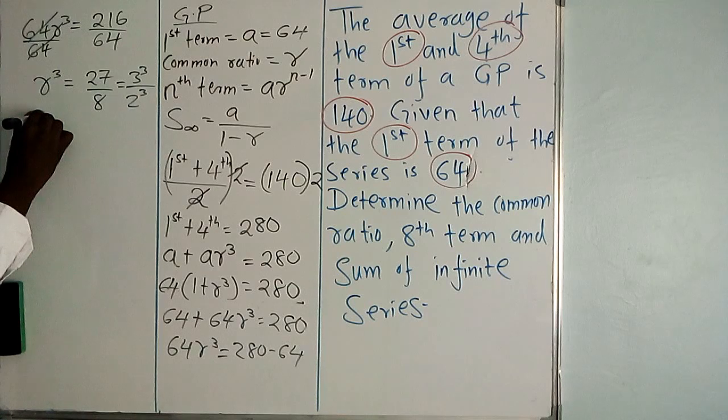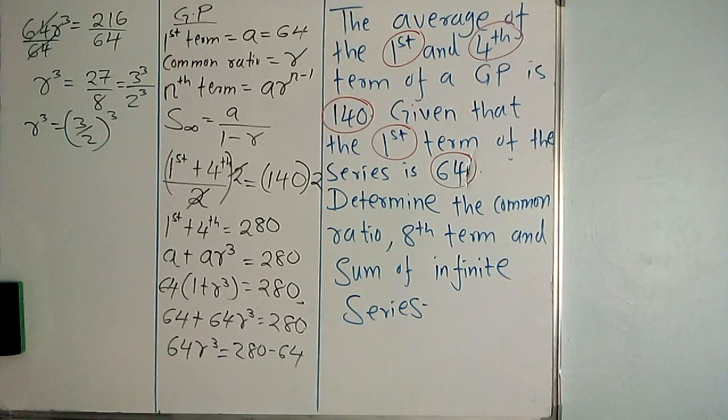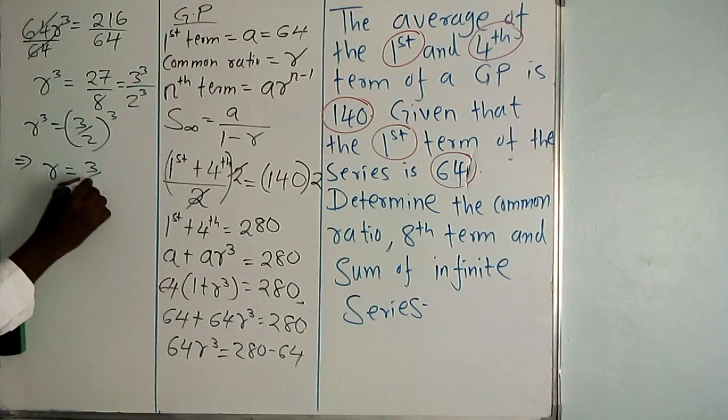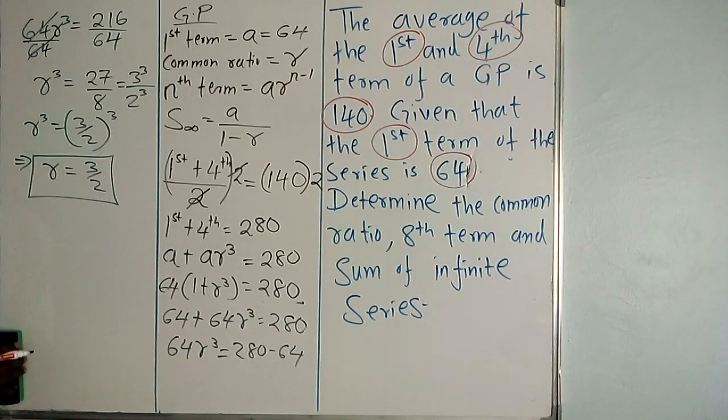So 3 cubed over 2 cubed is the same as 3 over 2, all cubed. So we have R cubed is 3 over 2 cubed, meaning you find the cube root on both sides. So you found the common ratio to be 3 over 2.